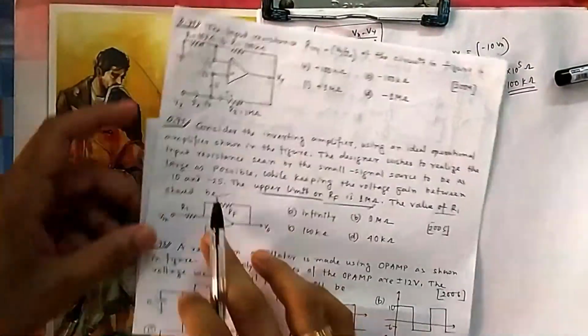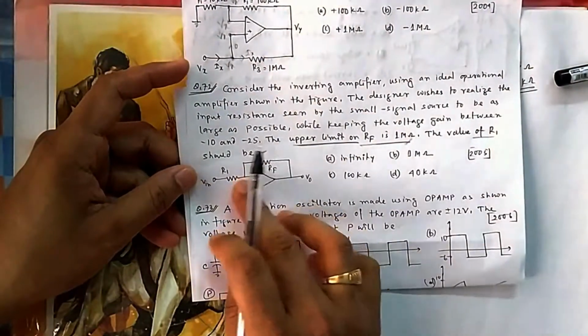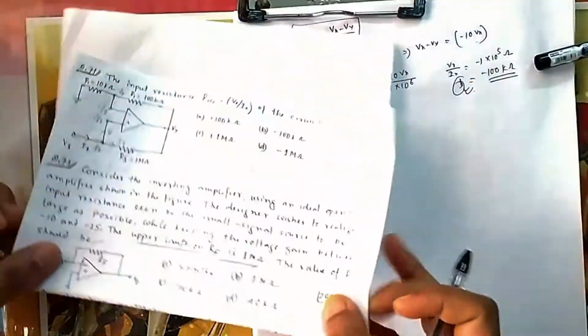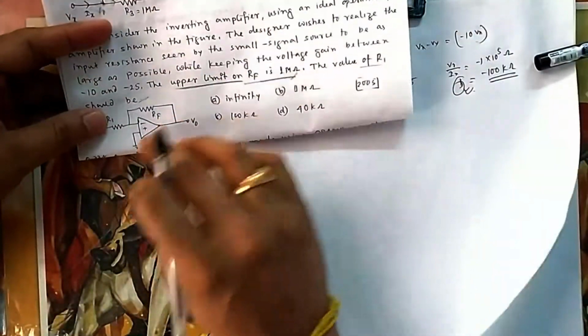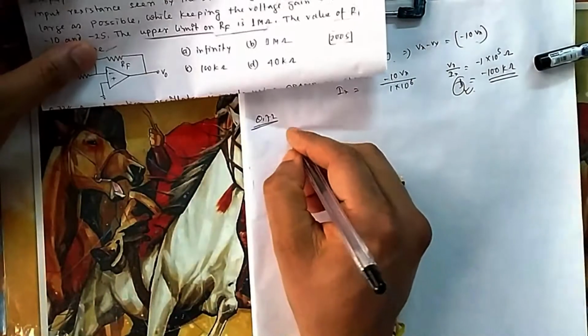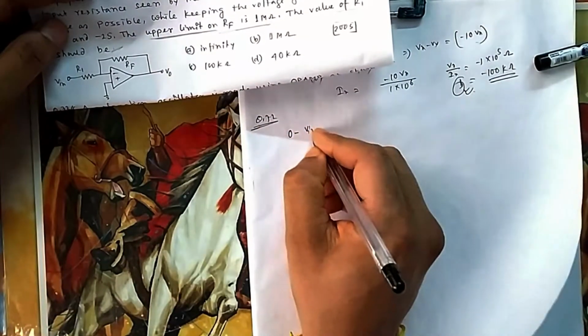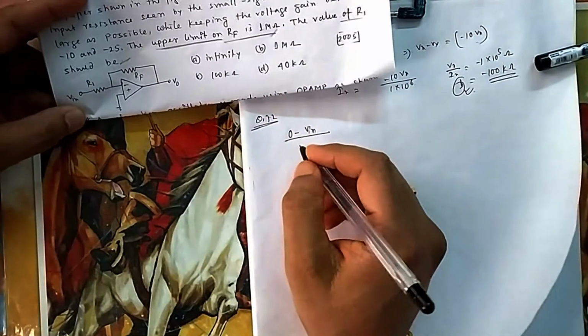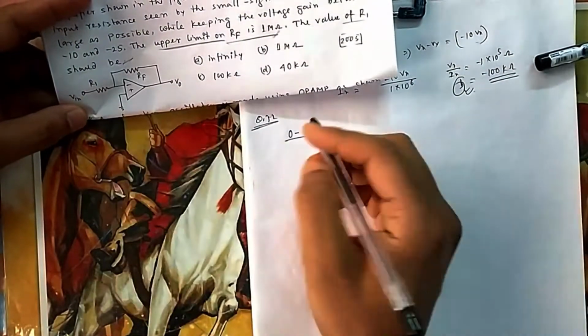If you see this, I always take nodal because there is also a direct formula, RF by R1. I am not using that because I always prefer nodal. The more nodal you take, the clearer you will get day by day. So it is 0, again it is 0, so I am doing it without using that formula. There is a direct formula also because this is standard, minus RF by R1, you have done it.